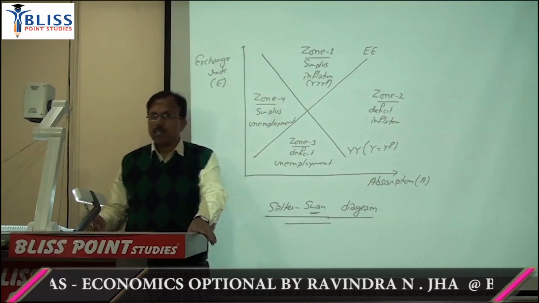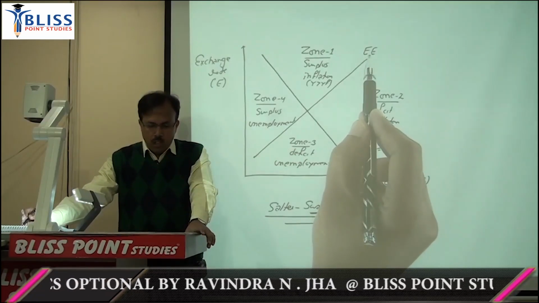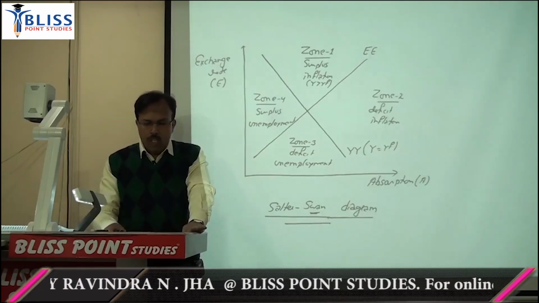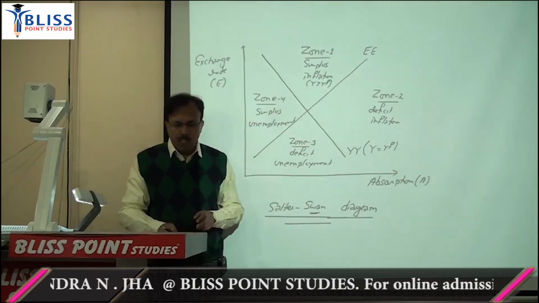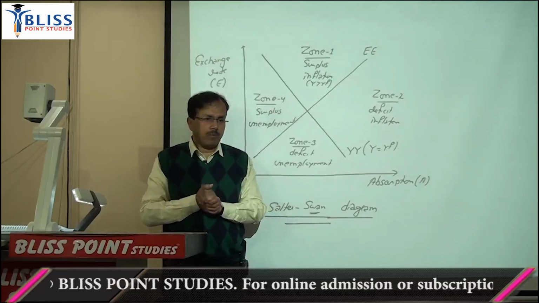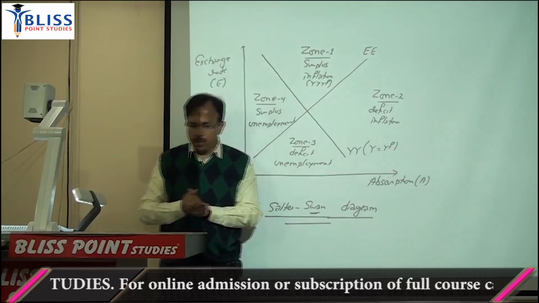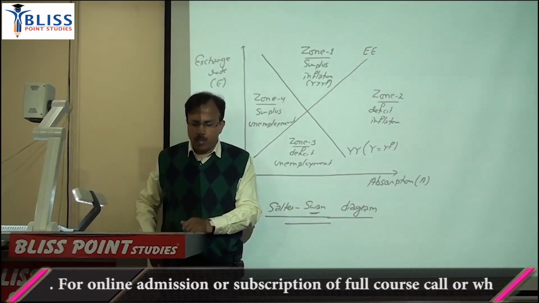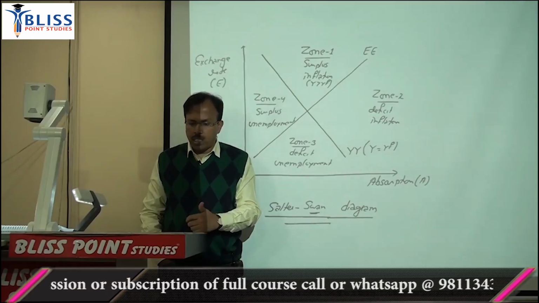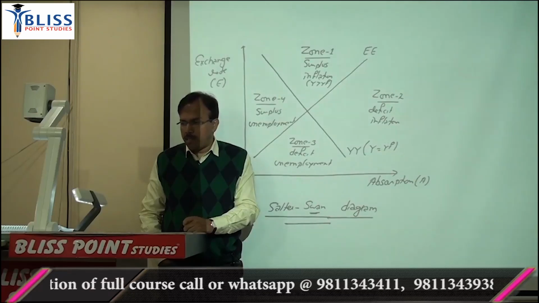The curve E shows various combinations of exchange rate and absorption that results in external balance.